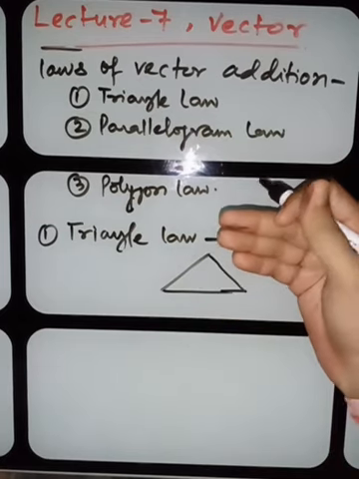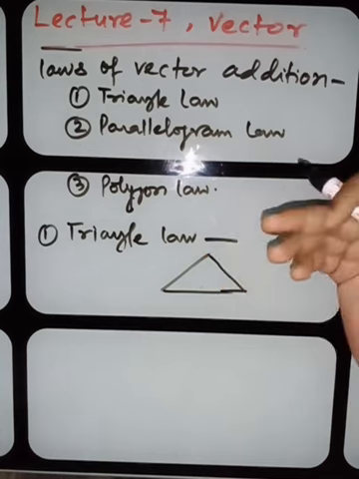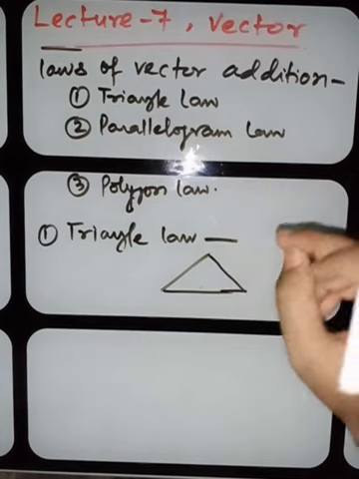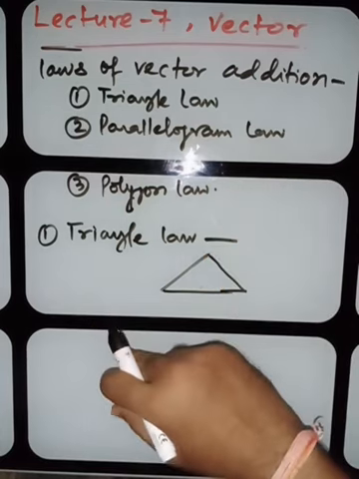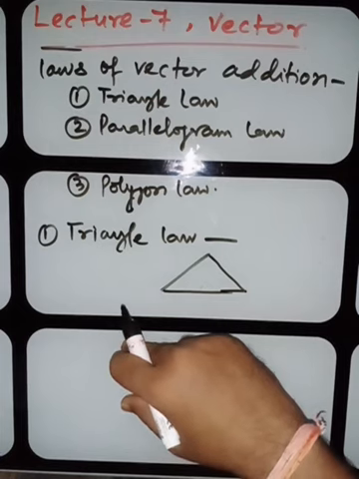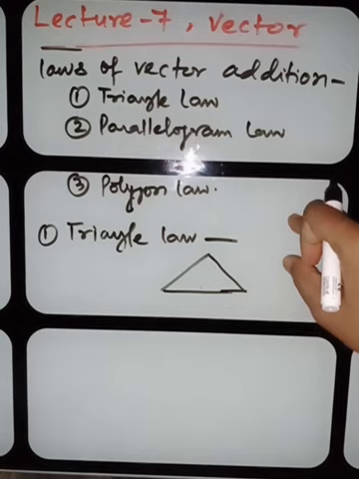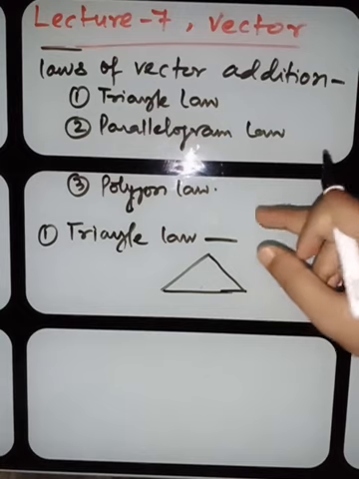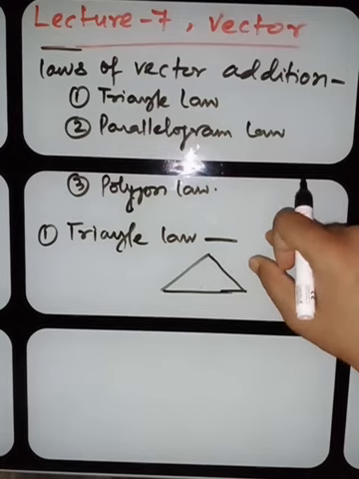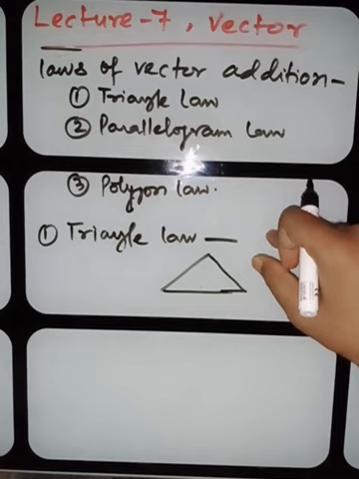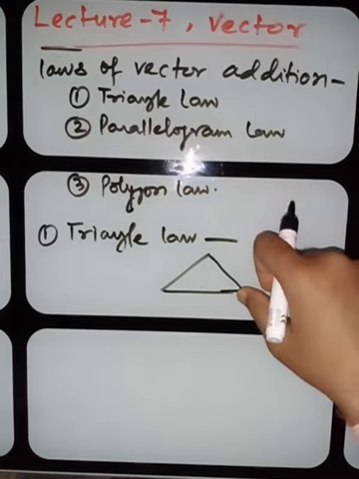If any two vectors are represented by any two sides of a triangle, then the third side of the same triangle will represent the resultant of those two vectors.